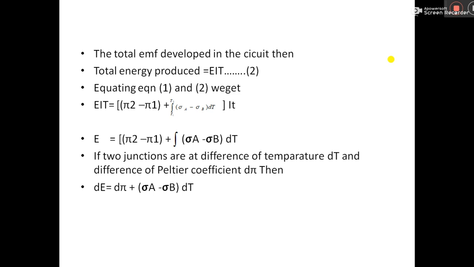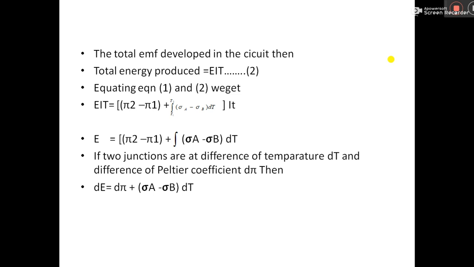Equating equation 1 and equation 2, we get E I into T equals to pi 2 minus pi 1 plus integral from T1 to T2 sigma A minus sigma B into dt, I into T. On both left and right hand sides I T is common and cancelled out. E is equals to pi 2 minus pi 1 plus integral from T1 to T2 sigma A minus sigma B into dt.